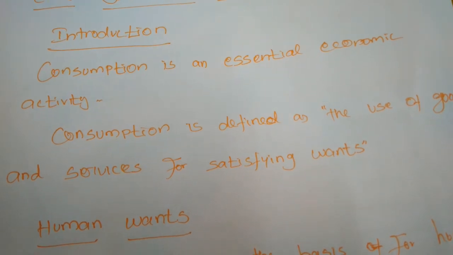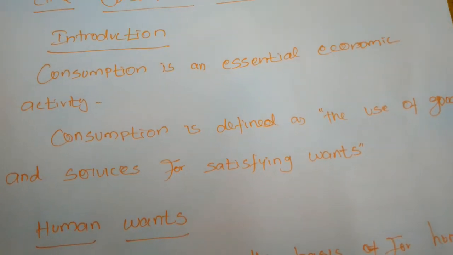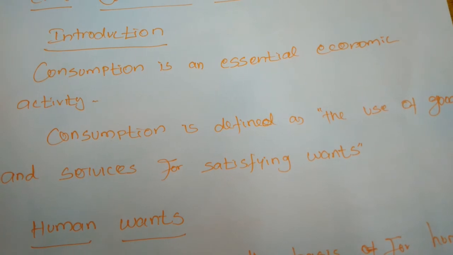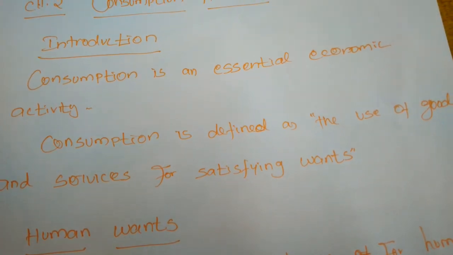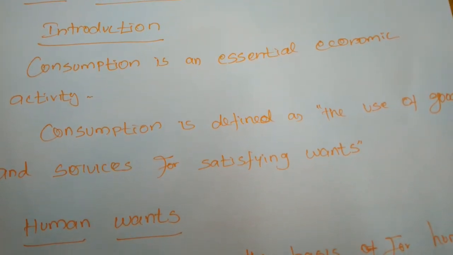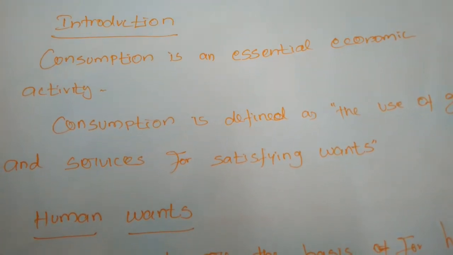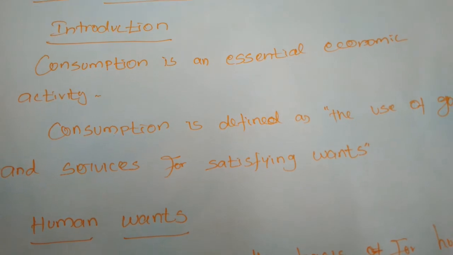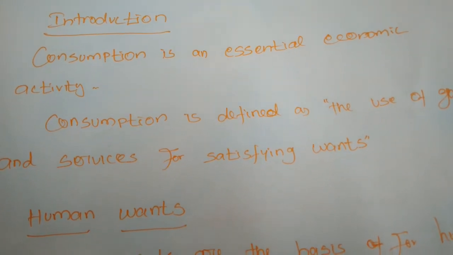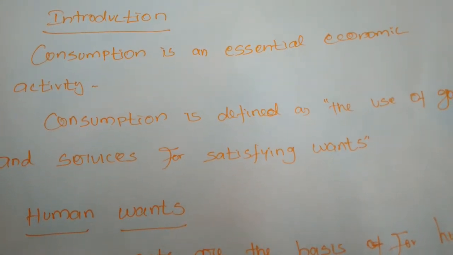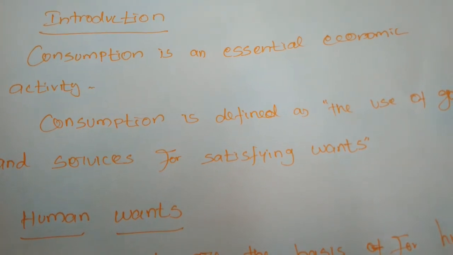So a want arises in our mind, and we get satisfaction when we consume that commodity. Not only that, consumption is defined as the use of goods and services for satisfying wants.